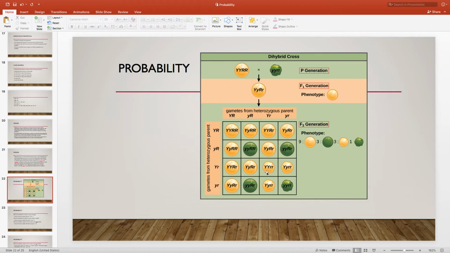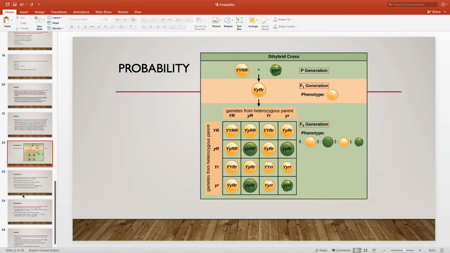And so this comes from a YR bred with another YR with a non-dominant R. And here I can get a non-round and a green that's bred from a YR in which they're both lowercase or non-dominant y and r. So non-round and not yellow occurs here. And he saw that there are these certain ratios.